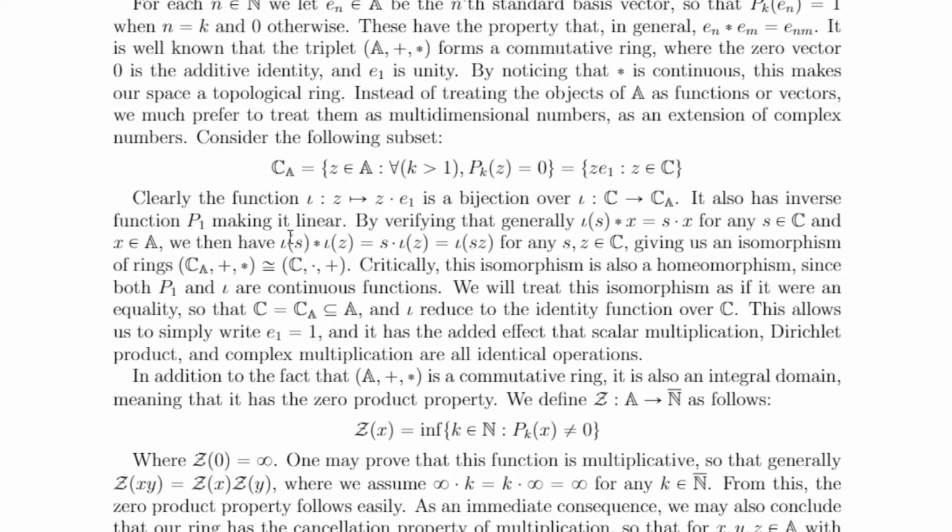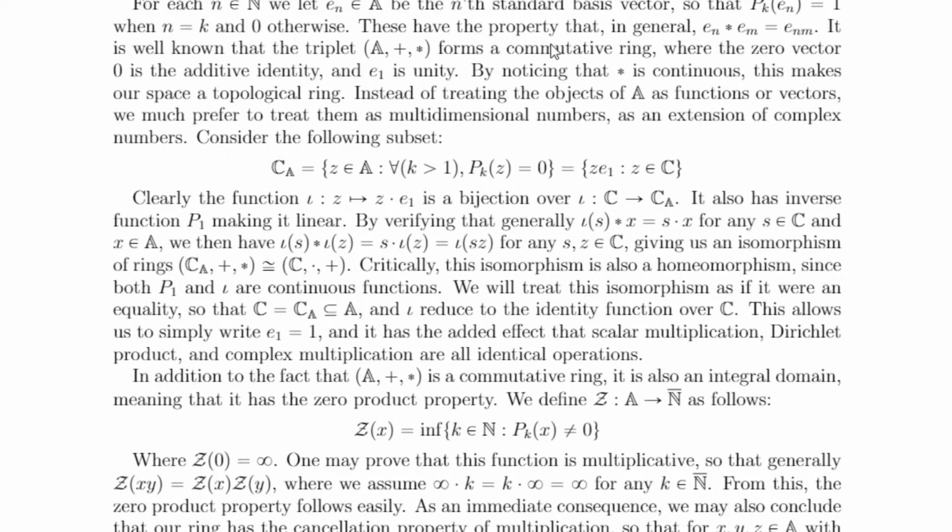You might notice this is the isomorphism property. If we multiply two functions after putting them through this inclusion map first, it's the same as if we multiply them in the complex plane, and then take the result and map that back out into our wider space of numbers.